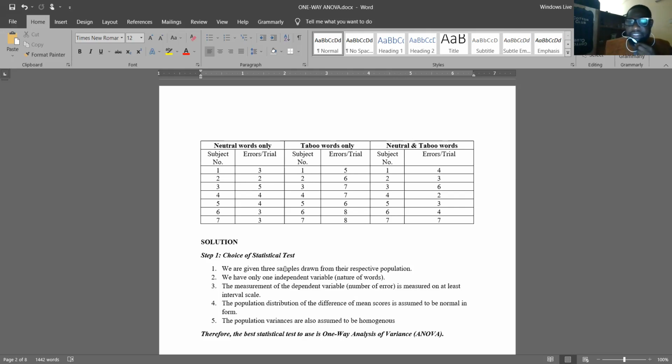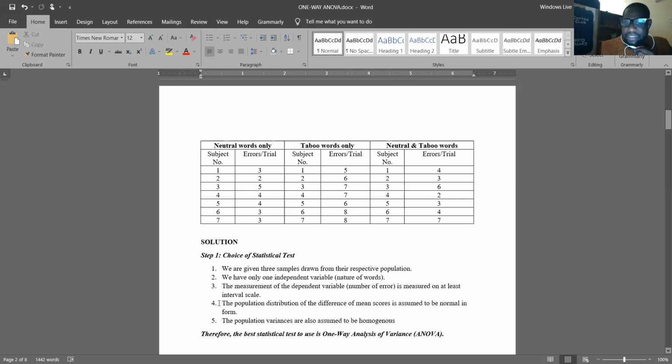And as I've always been saying, when you are not all that sure, you are torn between ratio or interval, you can indicate the dependent variable was measured on at least interval scale so that you'll be safe. When you put it like this, it means you are telling the reader that the dependent variable could either be on ratio or interval.